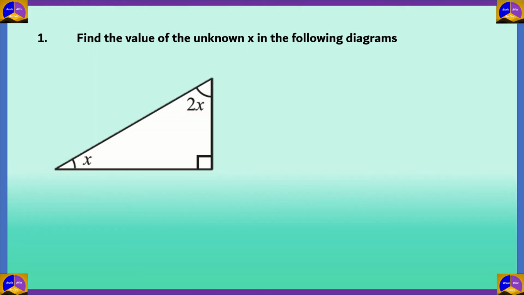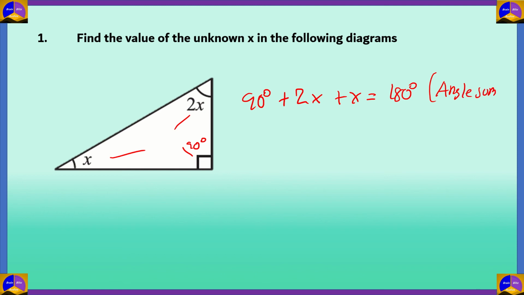Next question. For this triangle, the interior angles are 2x, x and 90 degrees. Right angle, 90 degrees. So 90 degrees plus 2x plus x would be 180 degrees. Reason: angle sum property. If we add all the interior angles, it would give 180 degrees. So 2x plus x would be equal to 3x. 90 degrees plus 3x would be equal to 180 degrees.